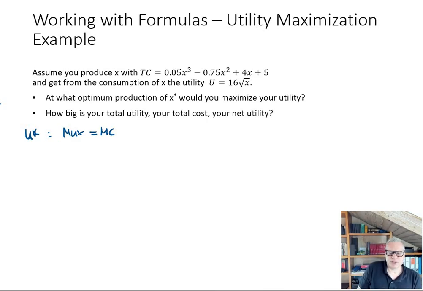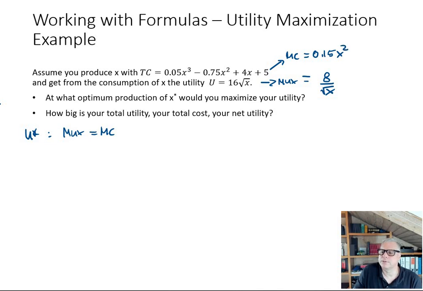So the marginal utility, we derived that earlier, as 8 over the square root of x. And the marginal cost was 0.15 x squared minus 1.5 x plus 4.